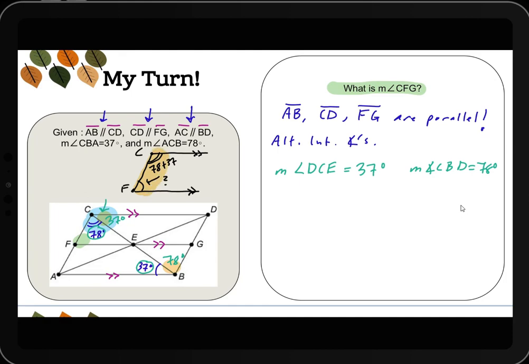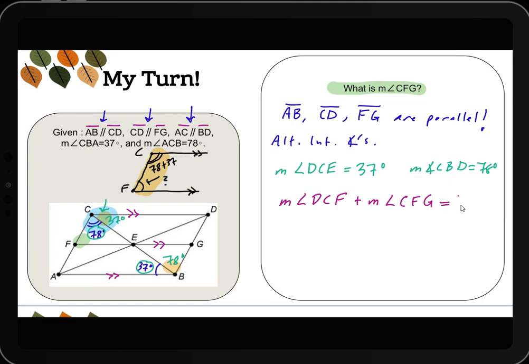So if I know what the total sum of that angle there is, I can subtract that from 180. So in this case, we can refer to the total angle that's in blue that I highlighted as, and let's use red here, the measure of angle DCF plus the measure of angle CFG, because that's what we're looking for, right?